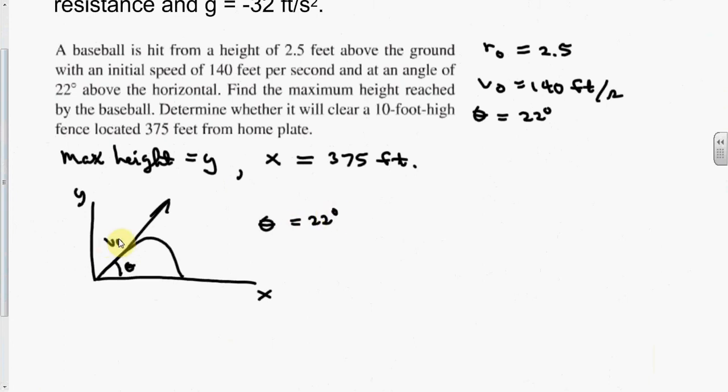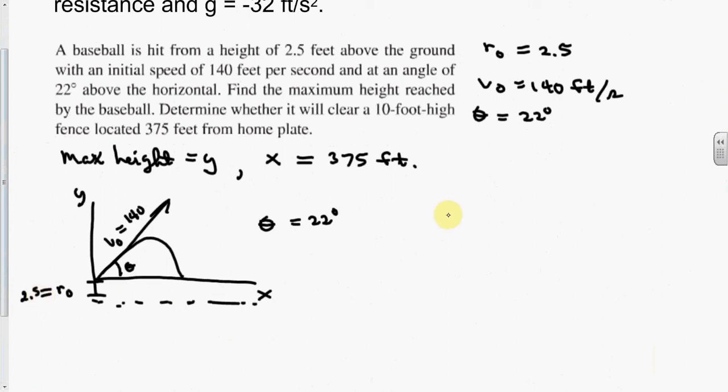They give us the initial velocity. That's 140. And then the initial height, this guy is starting off at 2.5. So we want to find here the so-called maximum height.